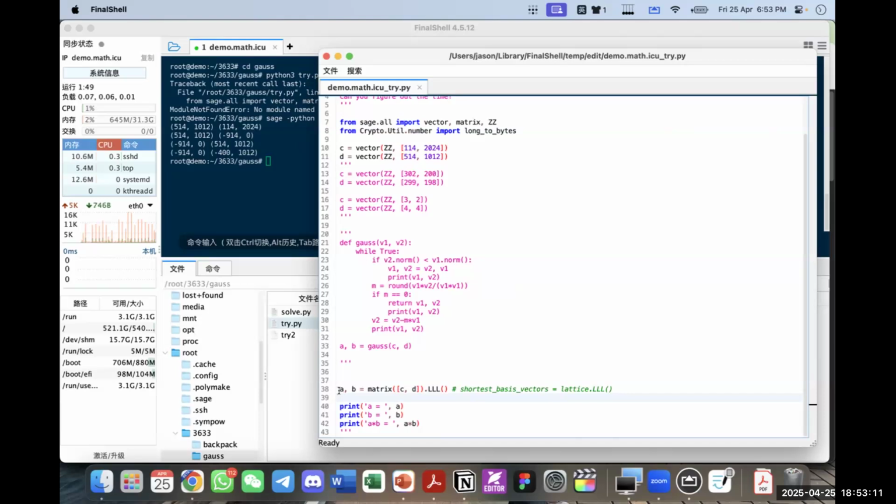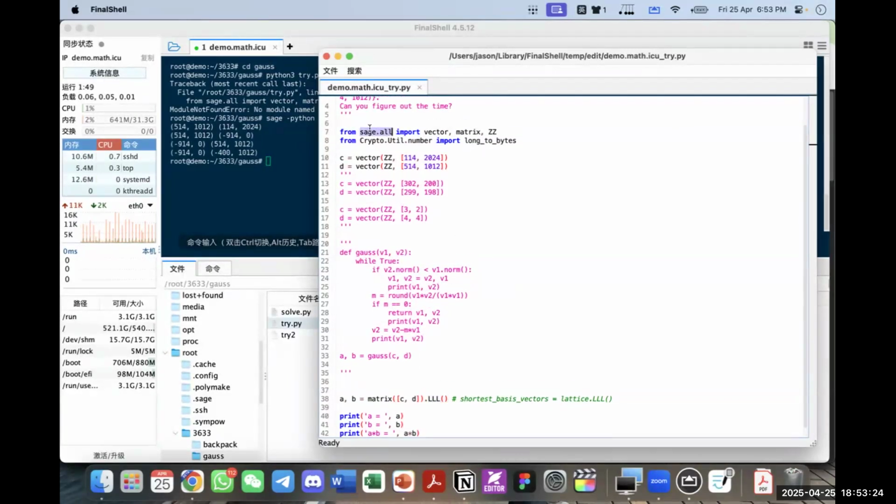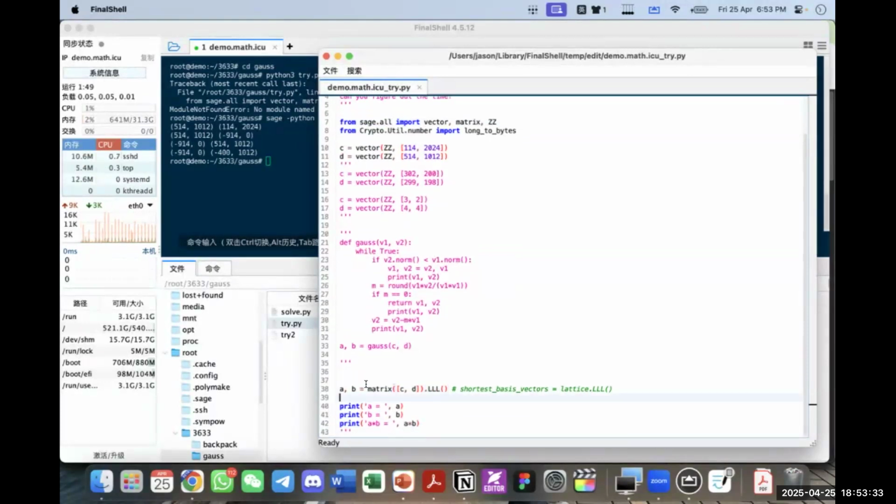So actually this one will replace the whole thing because we don't need to manually write out the Gaussian reduction process. We just use the LLL, which is included in Sage. So we use Sage, so we will automatically get the algorithm. We just use it by the matrix and then dot LLL, then it will give us the answer.